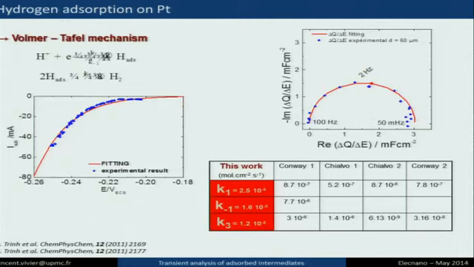But we can also try to simulate these results. If we assume that it's a Tafel mechanism, we can fit the CV curve, and we can fit perfectly the capacitance results, here the red curve, and the kinetic constants obtained are in rather good agreement with data from the literature.